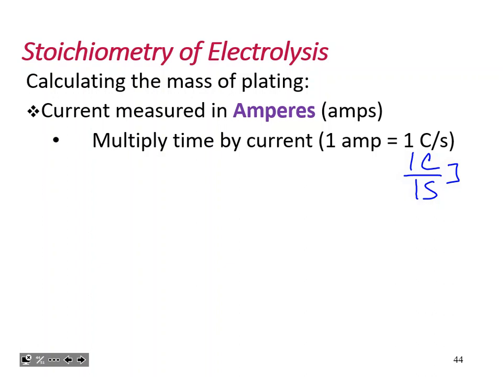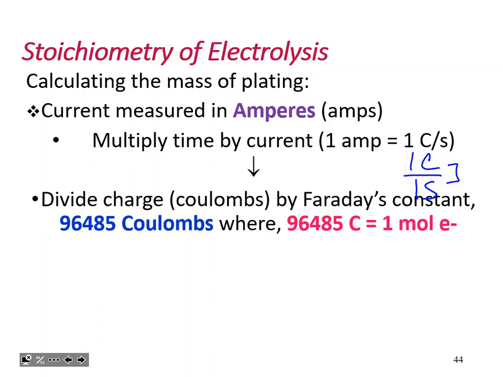So you get a time amount, whether it's minutes, hours, or seconds. You're going to convert the time over to seconds, and then you can use the amp as a conversion factor to get you to coulombs. Because once you're at coulombs, you use Faraday's constant.